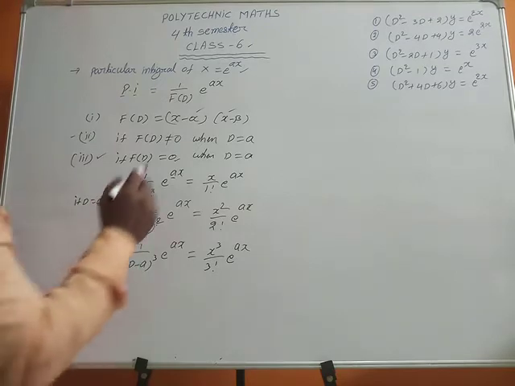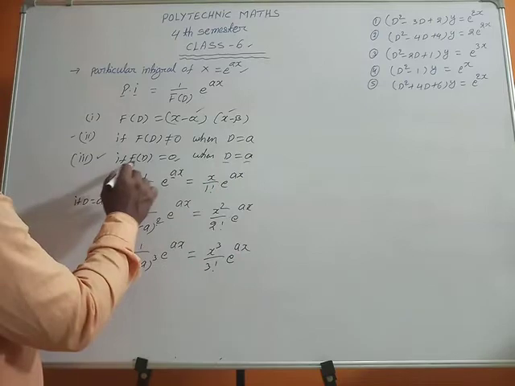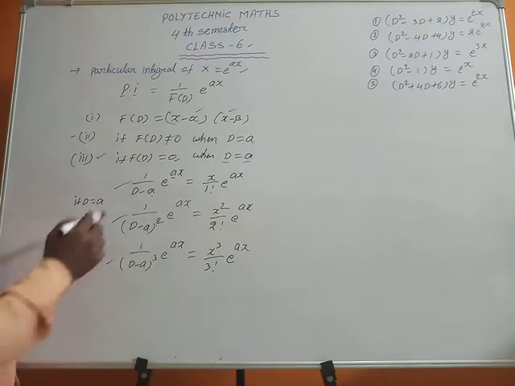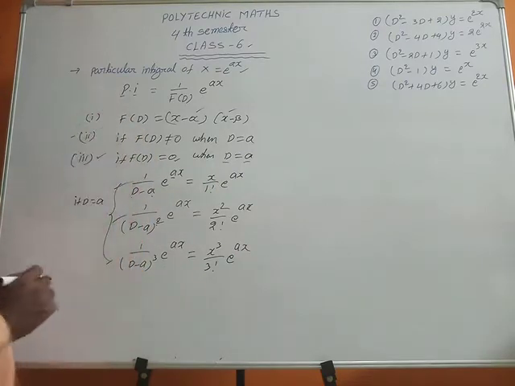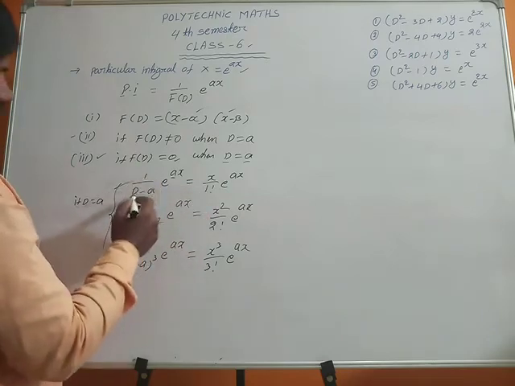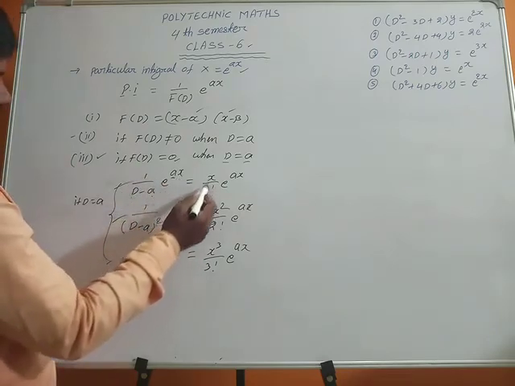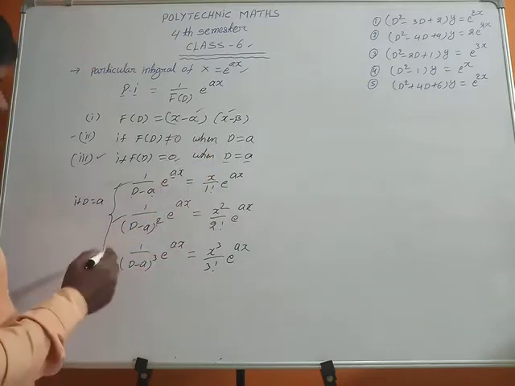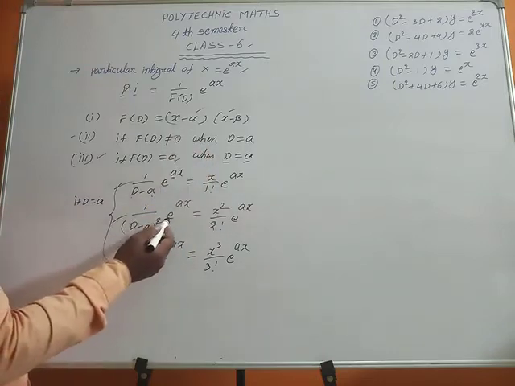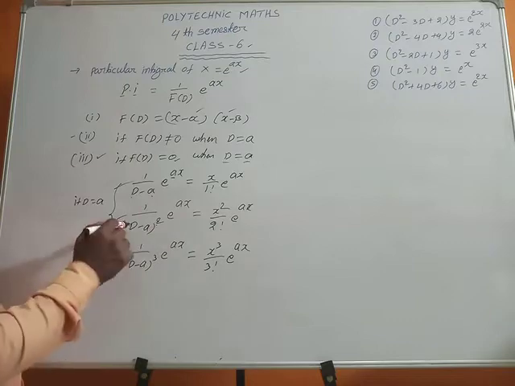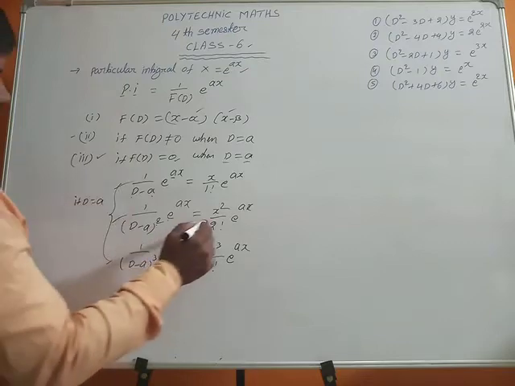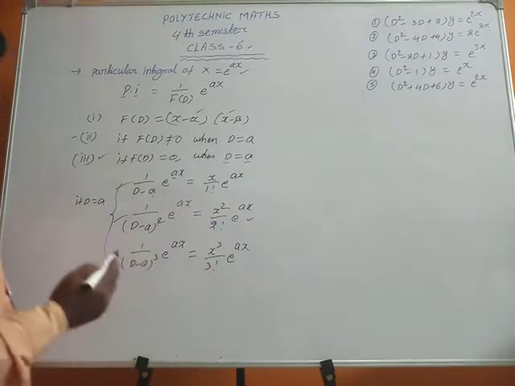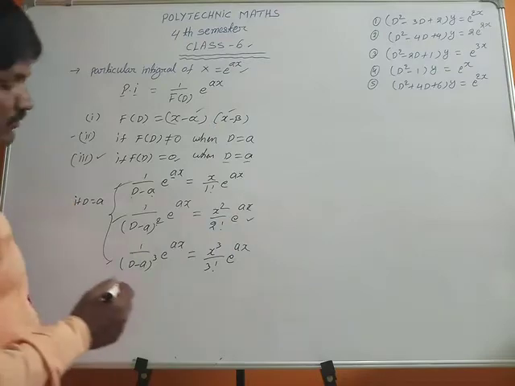When the D value makes f of D equal to 0, we can write 1 by D minus a e to the power of ax equal to x by 1 factorial e to the power of ax. For 1 by (D minus a) whole square e to the power of ax, where D minus a is 0, the particular integral is x square by 2 factorial e to the power of ax.